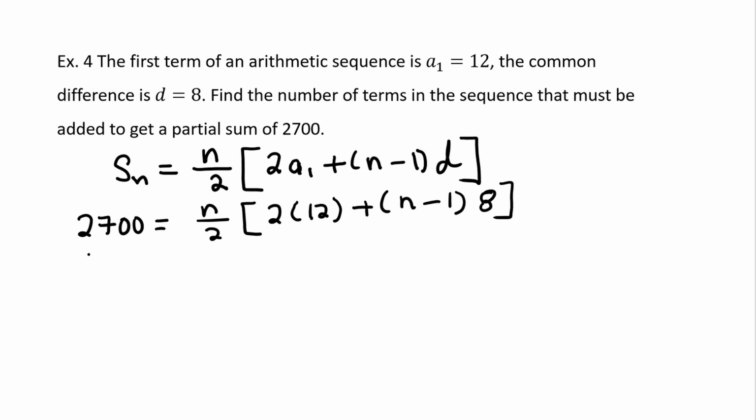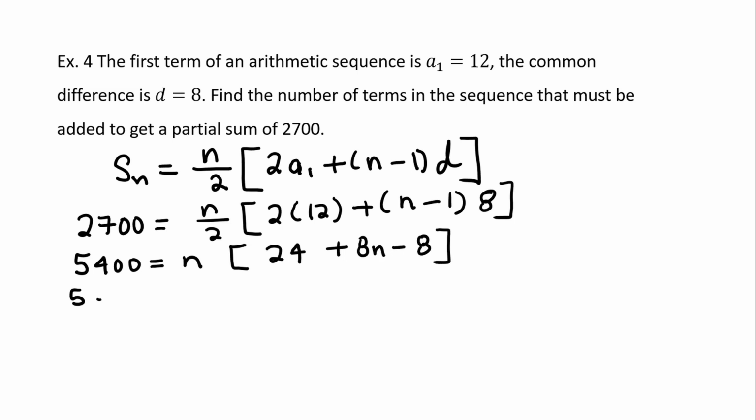2,700 times 2 is 5,400, and that leaves me an n times 2 times 12, which is 24. Distributing the 8, I'll get plus 8n minus 8.